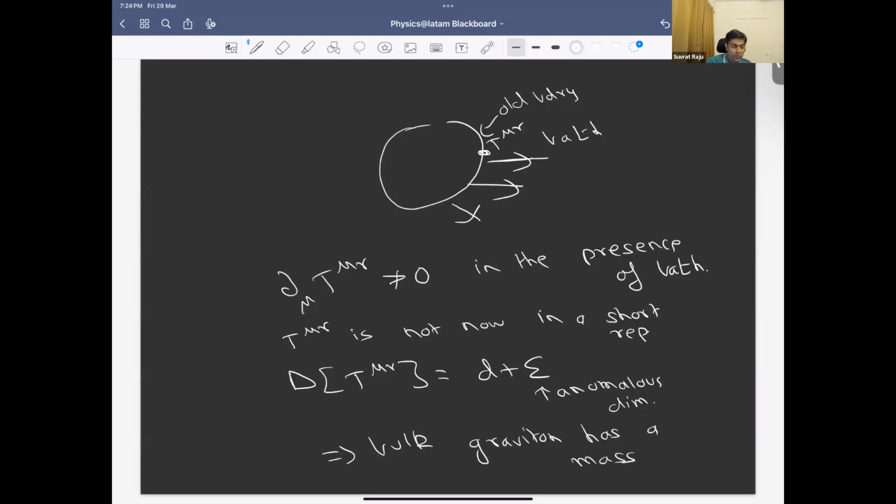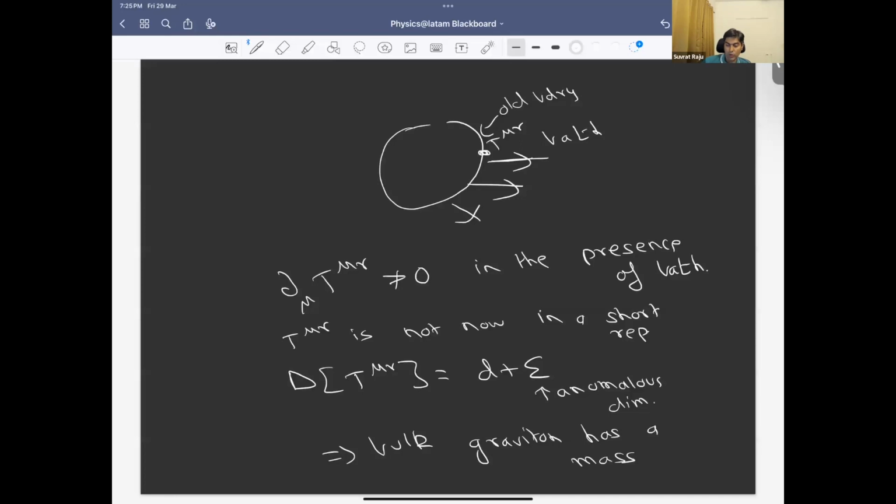It cannot pick up an anomalous dimension. The dimension of the boundary stress tensor cannot change because it's conserved, and the conformal group forces it to have that dimension. When you couple it to a bath, the boundary stress tensor ceases to be conserved. When it ceases to be conserved, there is nothing preventing it from picking up an anomalous dimension. It does, and therefore the bulk graviton picks up a mass.